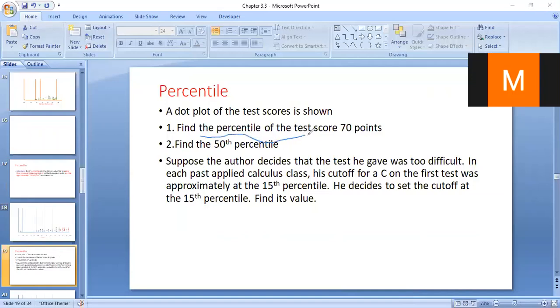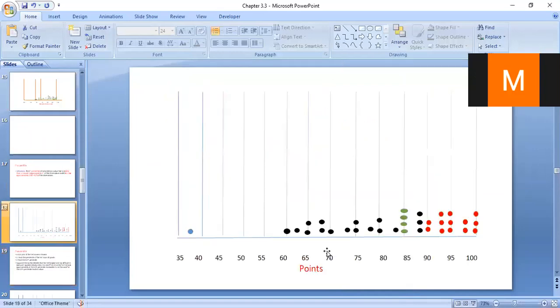Find the percentile of the test score 70 points. You look on the dotted one. Get 70 here. Percentile of the 70.